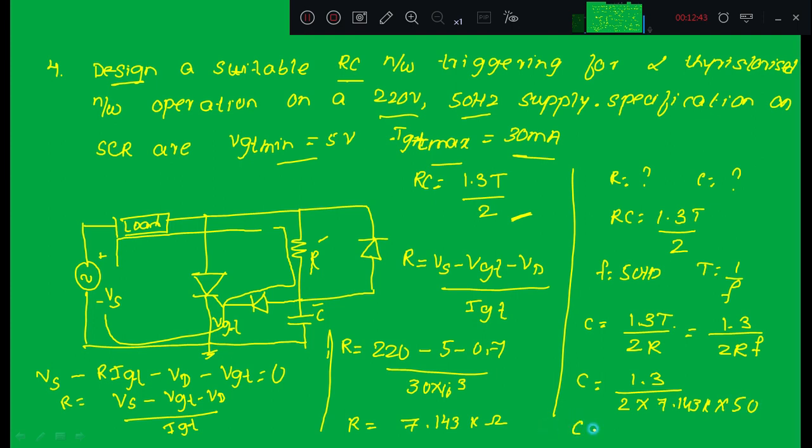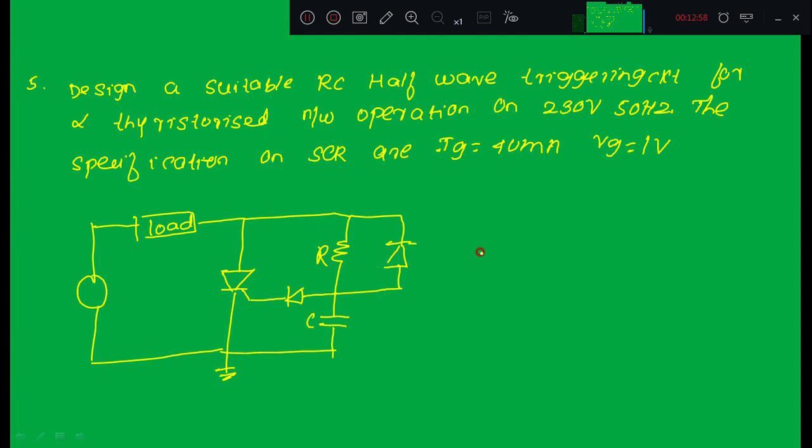If you simplify, we get the C value as 1.81 microfarad. This is the RC half wave triggering numerical. This is one method to solve RC half wave triggering. Similar problem we'll take again on RC half wave triggering. Design. Again they said design. Design means finding R, finding C.